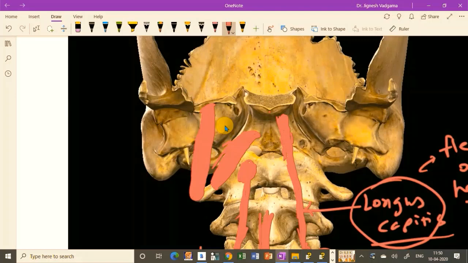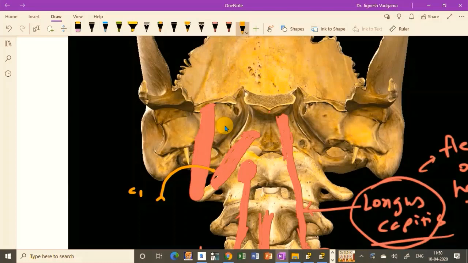Now, when we see the triangular gap between these two, there is one nerve coming out, and that nerve is known as the C1 nerve. So in the triangular gap between rectus capitis anterior and rectus capitis lateralis, the C1 nerve comes out, and that is the ventral ramus of the C1 nerve.